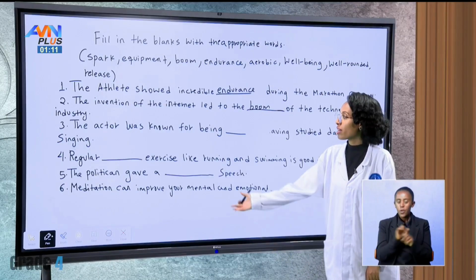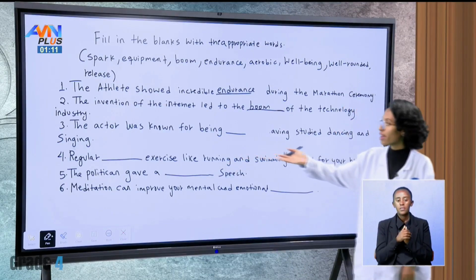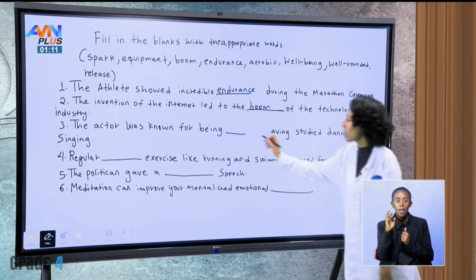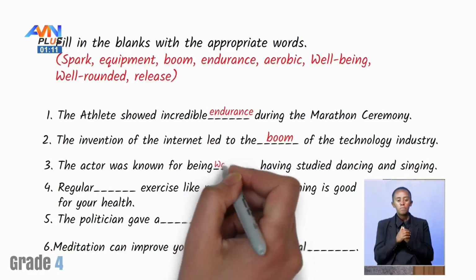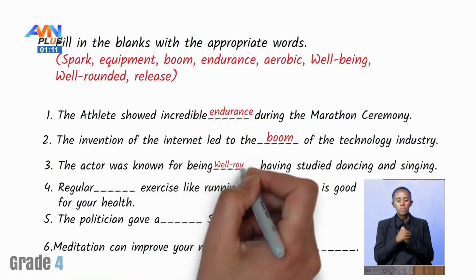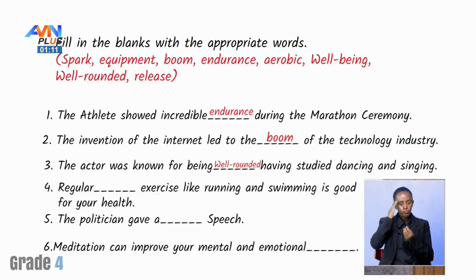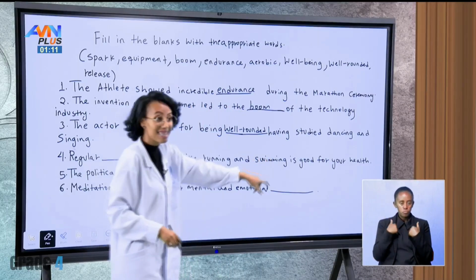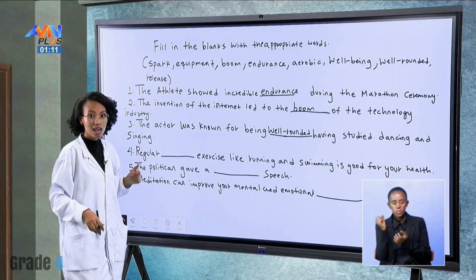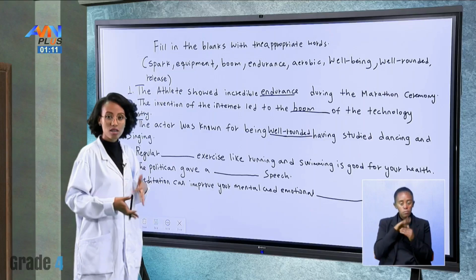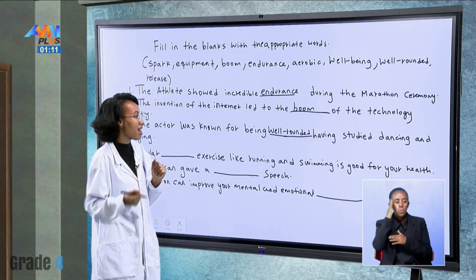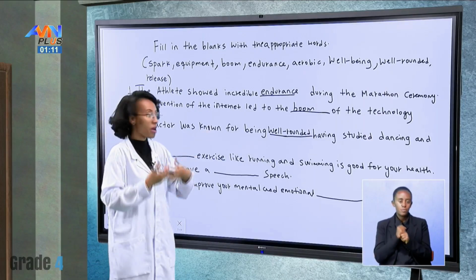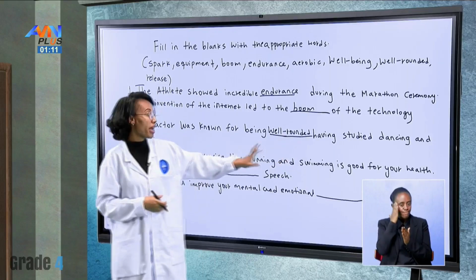Okay, what else? Number 3, the actor was known for being what? Well-rounded, having studied dancing and singing. So this person is an actor, but knows how to sing and dance. So, well-rounded, has a good education.